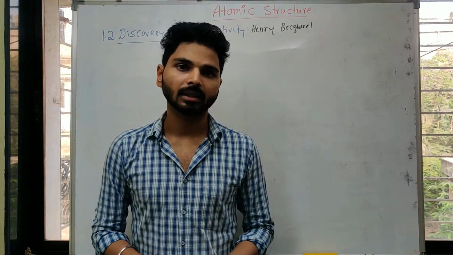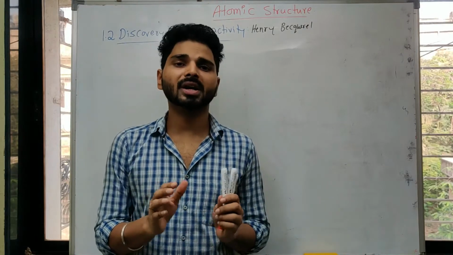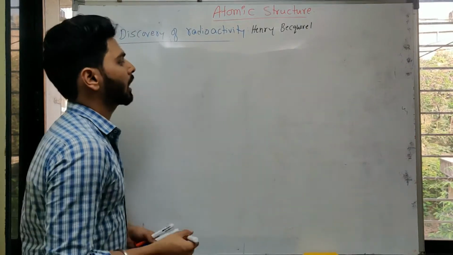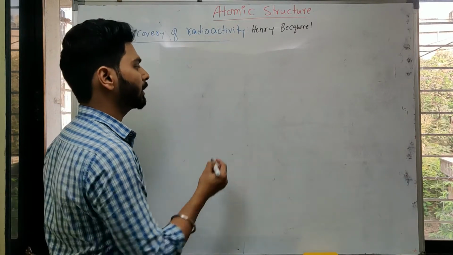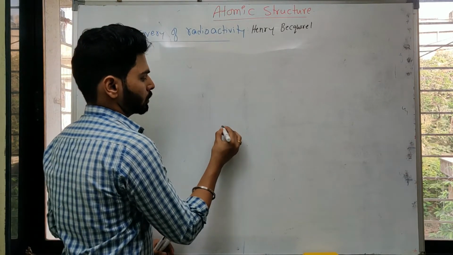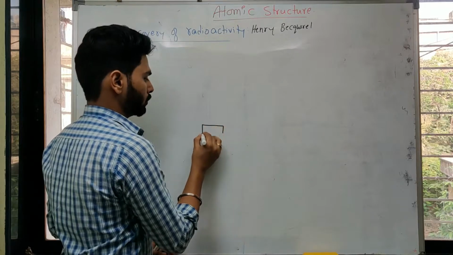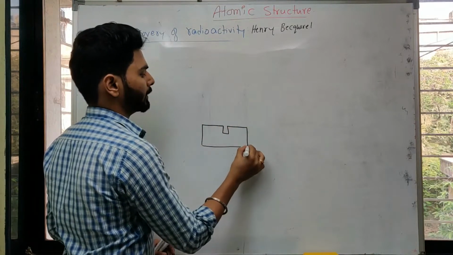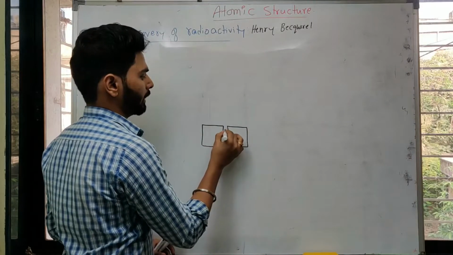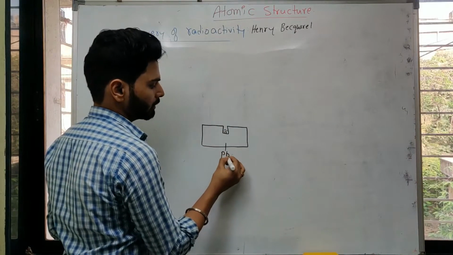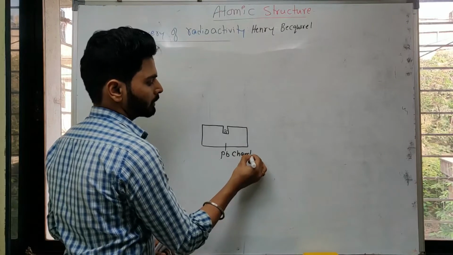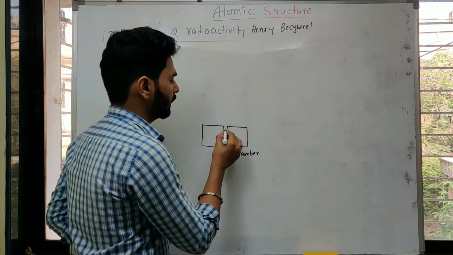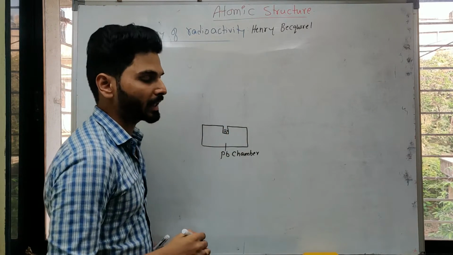Now let us see what we are going to understand here. We are not going to understand in detail. We are going to understand three different radiations emitted by various radioactive elements. So we know that radioactive elements are kept in a lead chamber, because lead won't allow radiations to propagate in all directions.